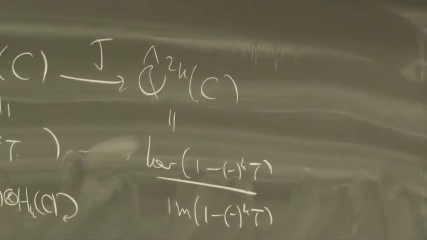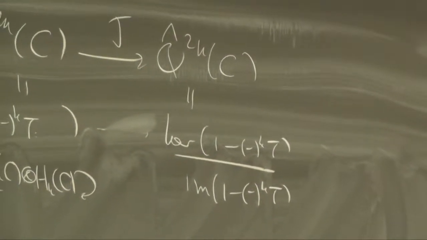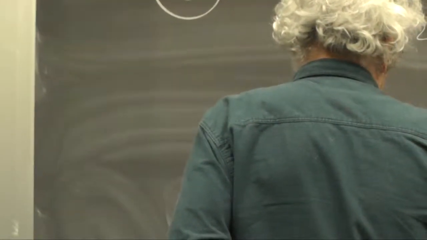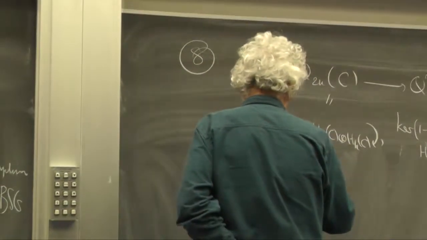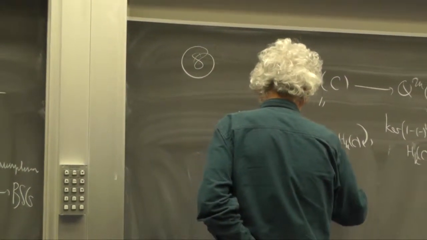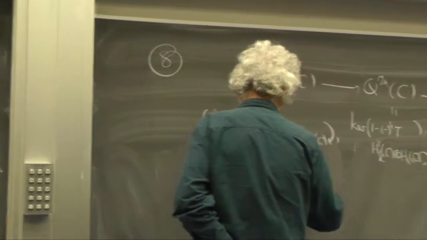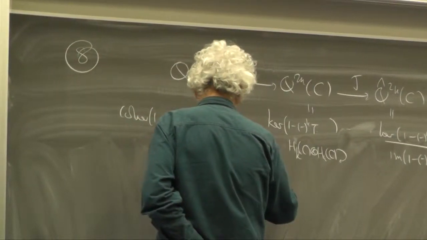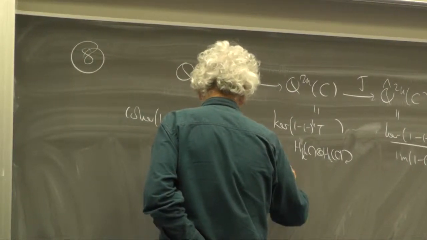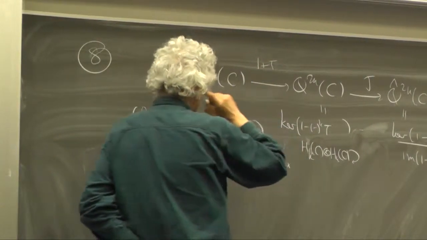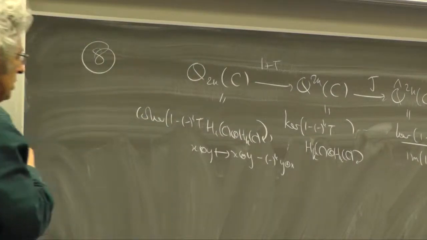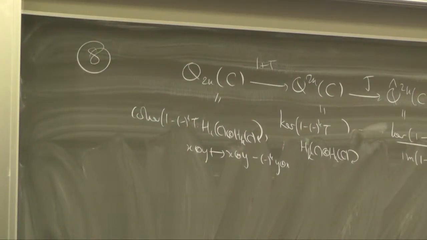These are the fixed points. But there is this (-1)^k factor. This is x tends to y. And we have to have, of course, sign conventions, and they give you the exact right thing.